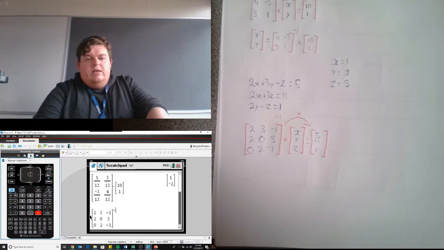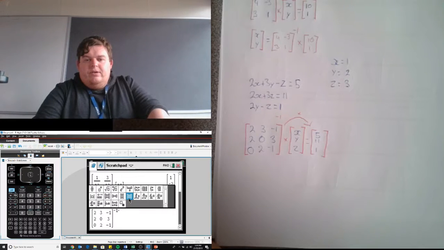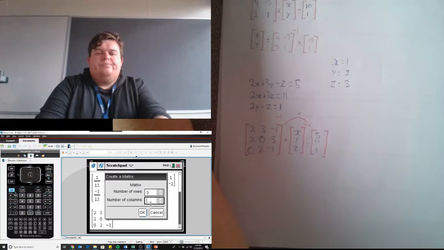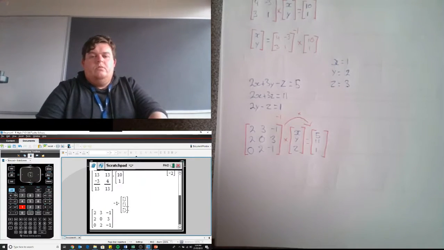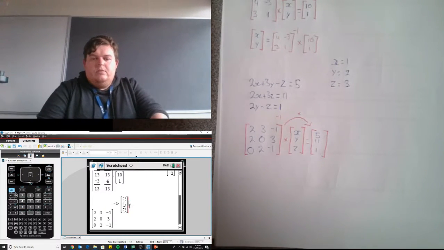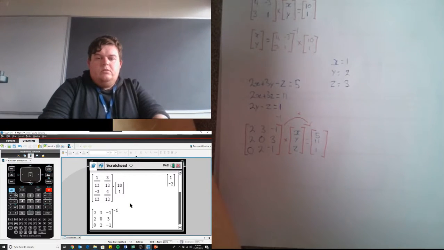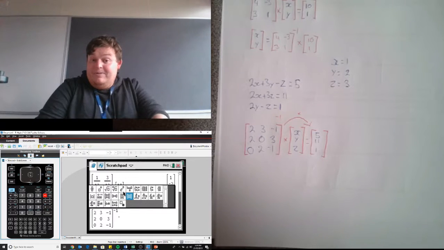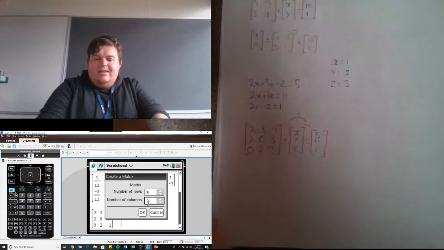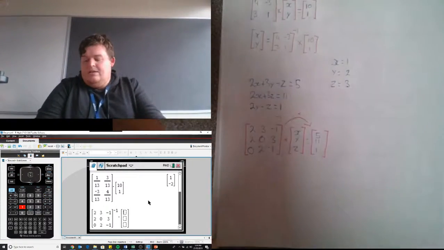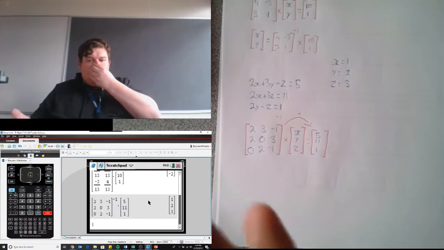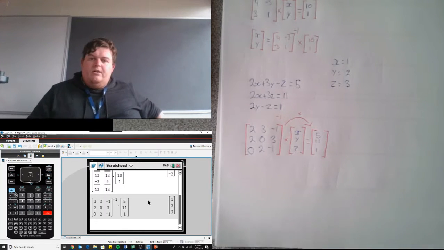I'm finding the inverse of that multiplied by our answer matrix, which is a 3x1, so it's 5, 11, and 1 in it. And hopefully, if we did this right, we should get the answers 1, 2, 3, which is what we've got.